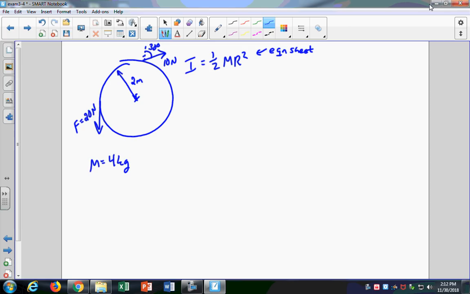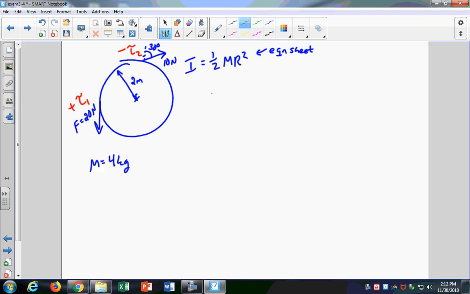The first question would be, what is the net torque? And you'll have a couple questions like that, where I give you different shapes and I ask you, what is the net torque? And for the net torque, you want to identify the forces that are applying torques. In this case, both forces are applying torques. The one on the left, this 20 Newton force, is applying a positive torque. It's counterclockwise. And this one is doing a negative torque because it's clockwise.